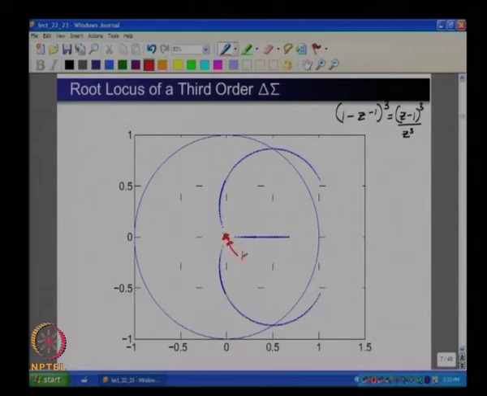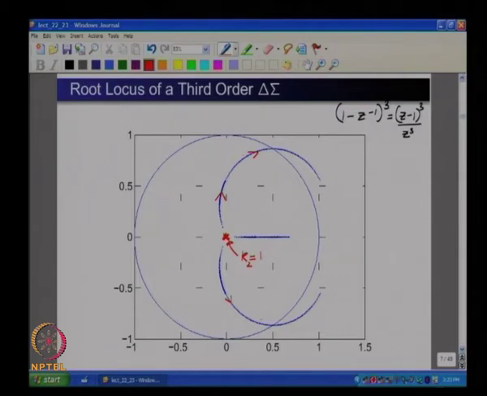So this corresponds to k equal to 1. As K2 keeps falling, you must realize that 2 of the poles will be complex conjugates, which means if on top there is a pole, there is a corresponding pole in the lower half.